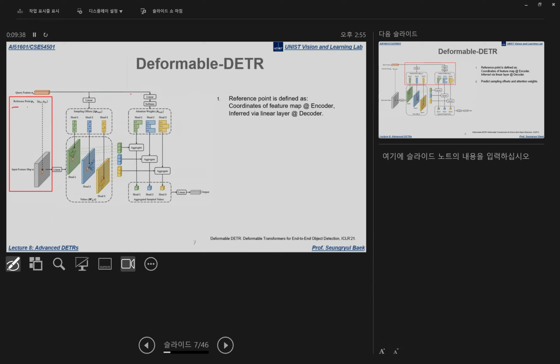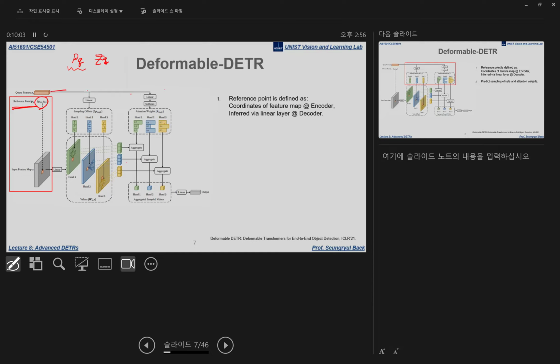That coordinate is referred to as the reference point. So p_q denotes the reference position of the query, and the query feature z_q denotes that location's feature.